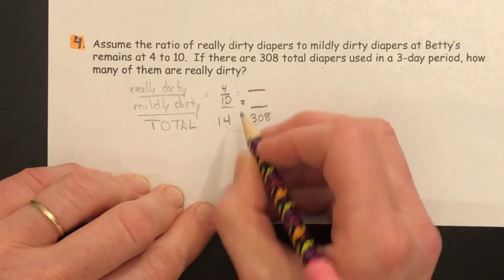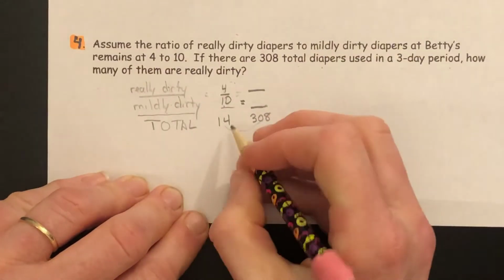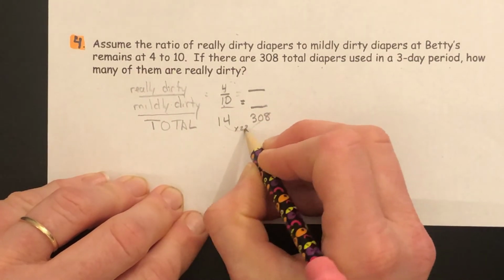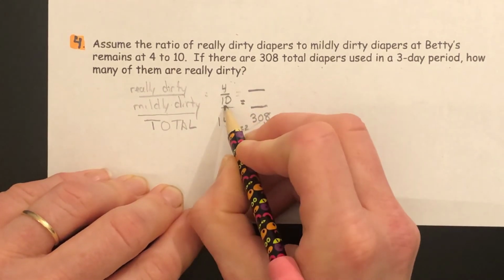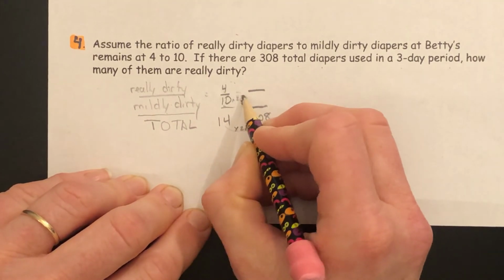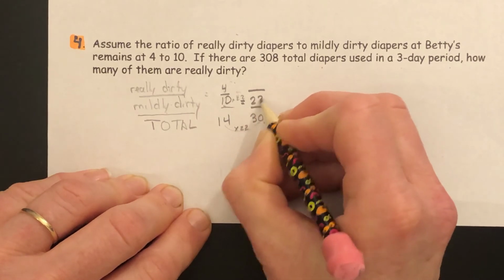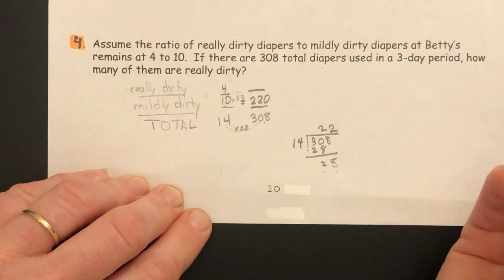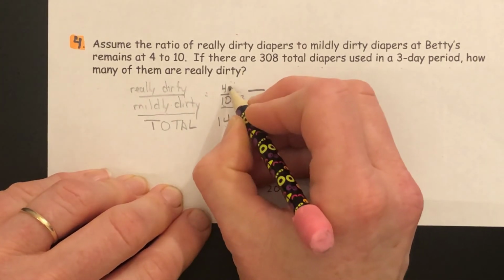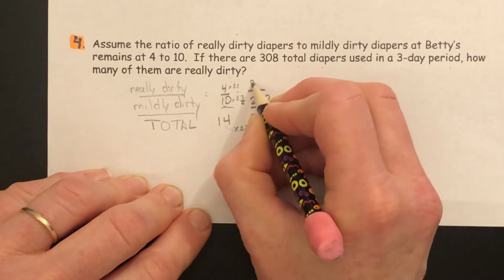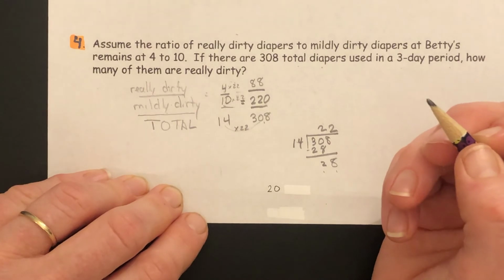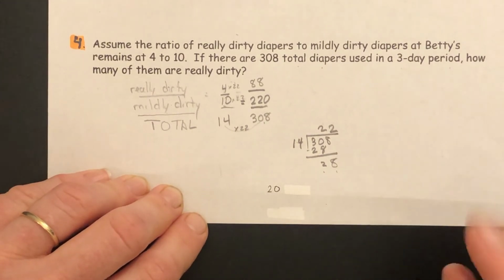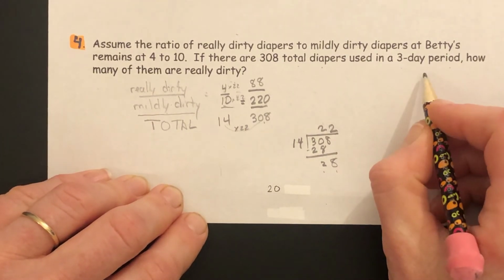So the rule from here to here is times 22. 14 times 22 is 308. 10 times 22 is 220. Oh man, that's a lot of dirty diapers. 4 times 22 is 88. I would really not want to work there. All right, so, wow, this was a 3-day period.